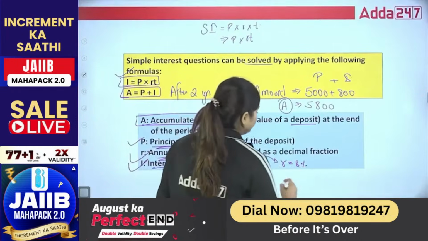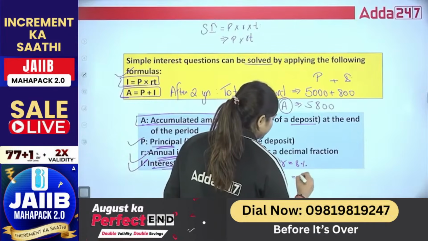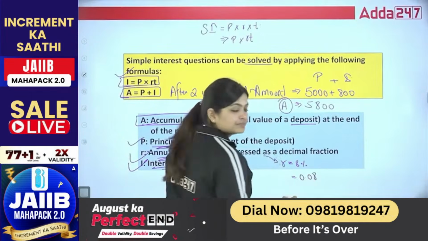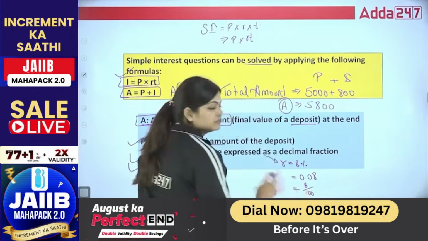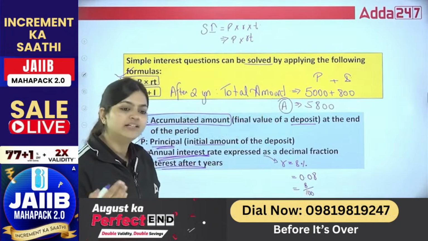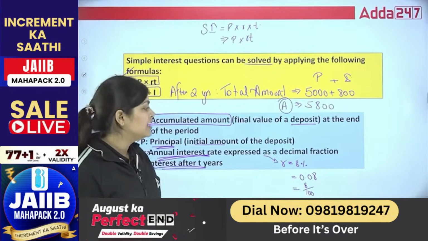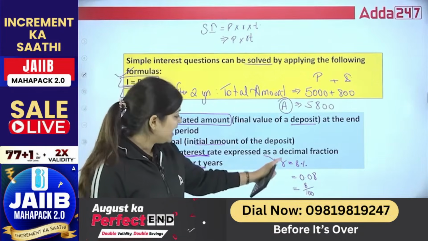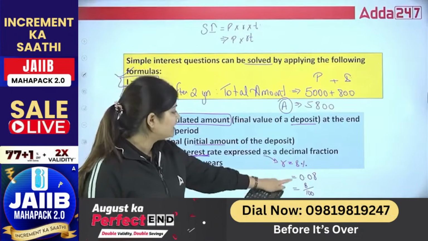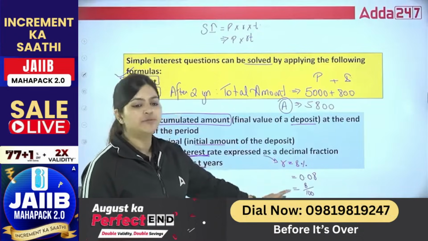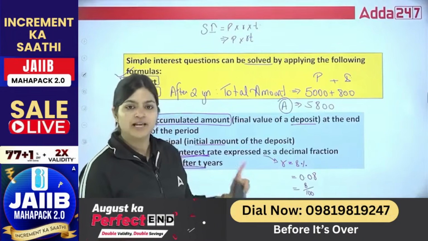If you want to write it as a decimal, you can write 0.08. If you want a fraction, 8 divided by 100. These are the different patterns you can use for calculating the rate. 8% can be written as 0.08 if they ask for a decimal, or as a fraction, 8 divided by 100. Everything is the same only.